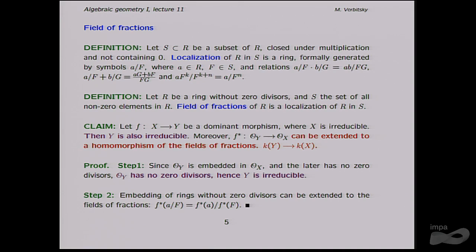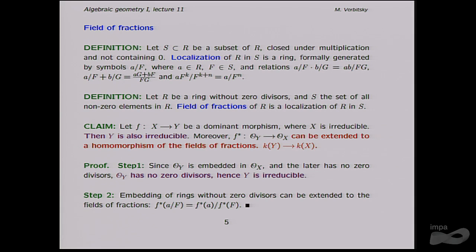Now let's continue the same way. I'm now interested in the field of fractions. This is something you know from how you obtain rationals from integers, how I obtain rational functions from polynomials. So definition.